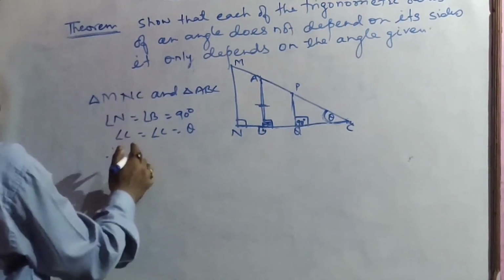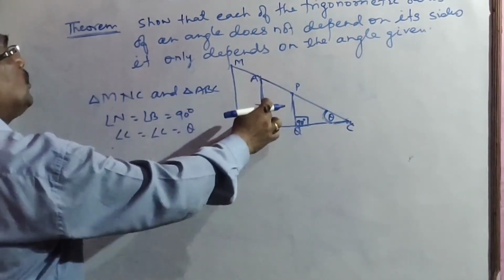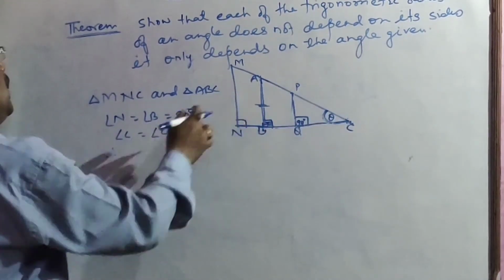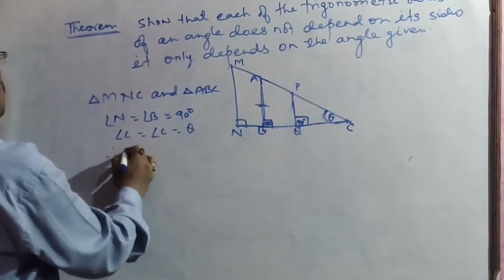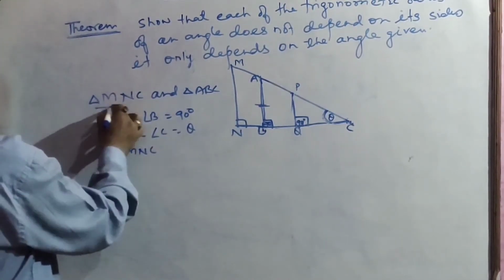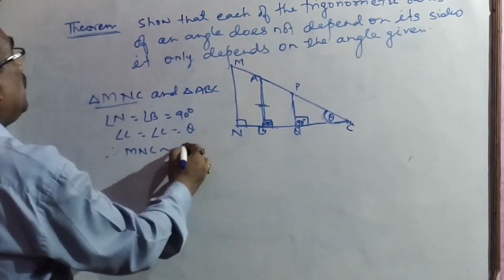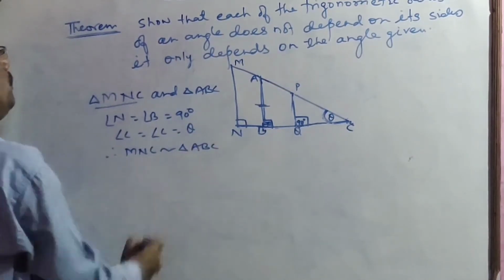Therefore, once again, two angles of the bigger triangle are equal to two angles of the original triangle. Therefore, triangle MNC is similar to triangle ABC.